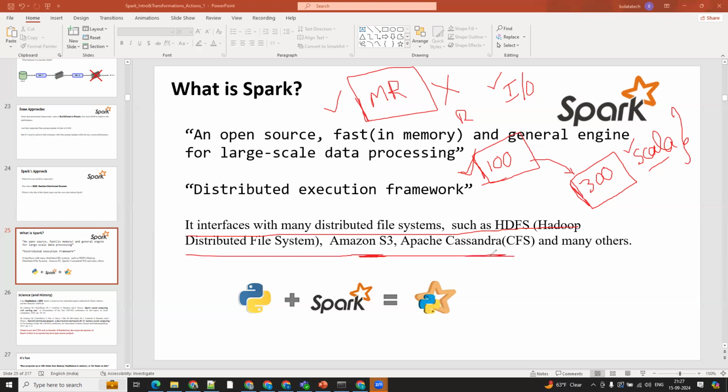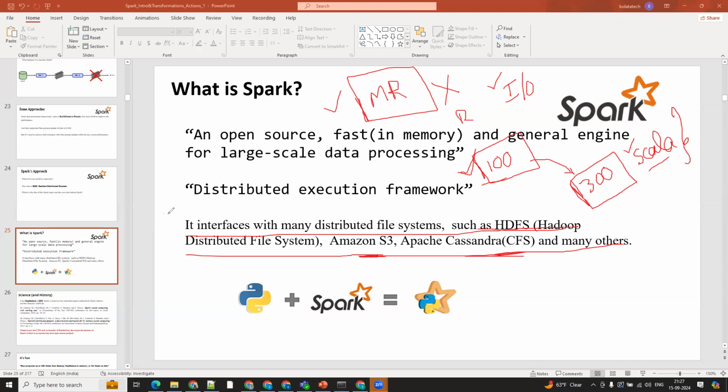It can read the data from Cassandra, from ADLS Gen 2, and from the Google File System, GFS, as well. That means it can read the data from any storage. But MapReduce used to read the data only from the HDFS location, right?